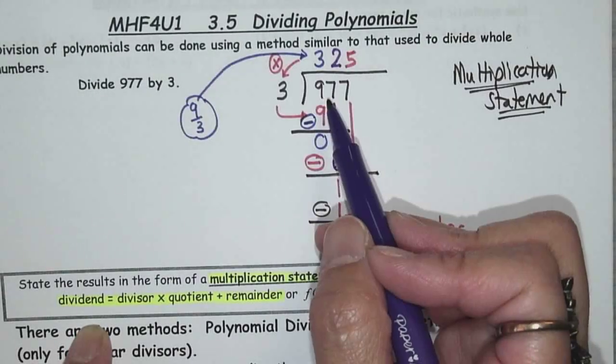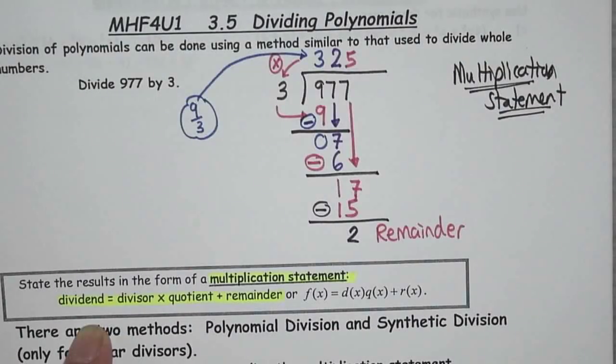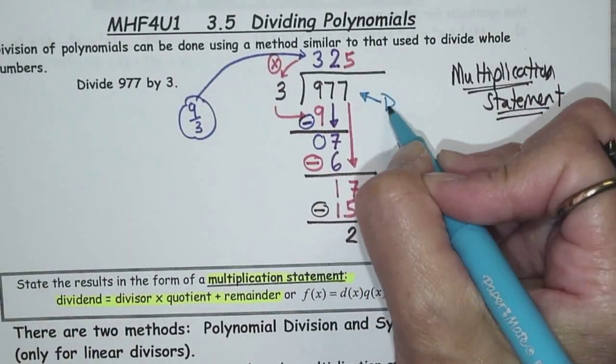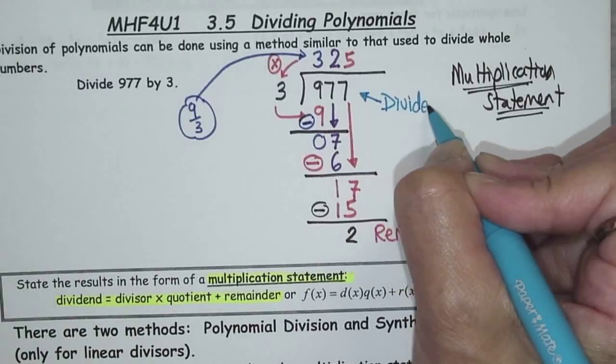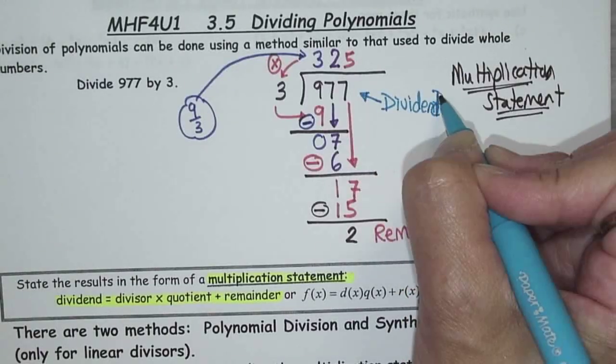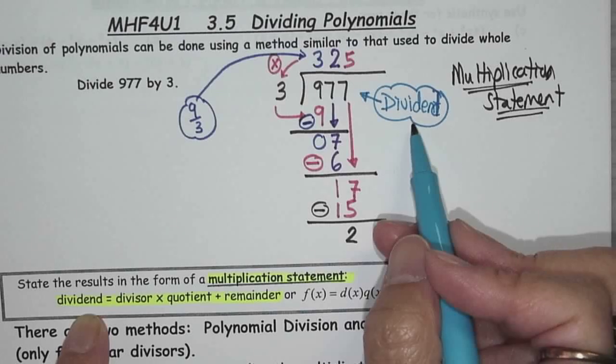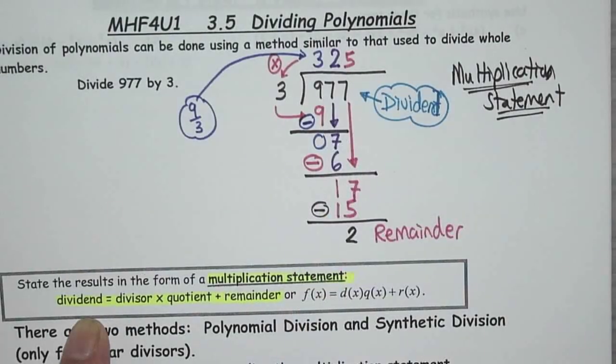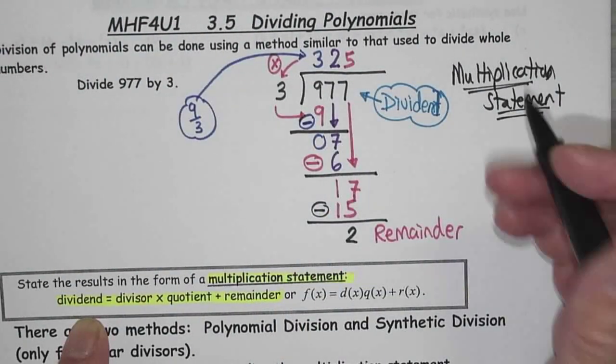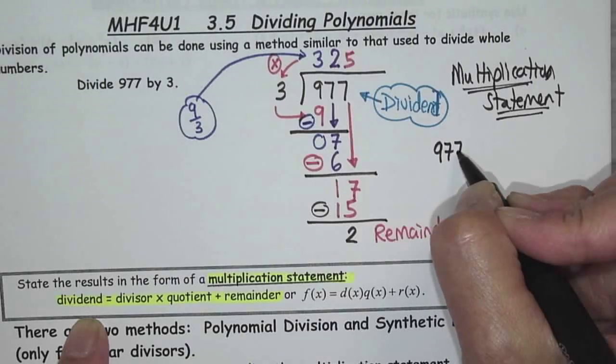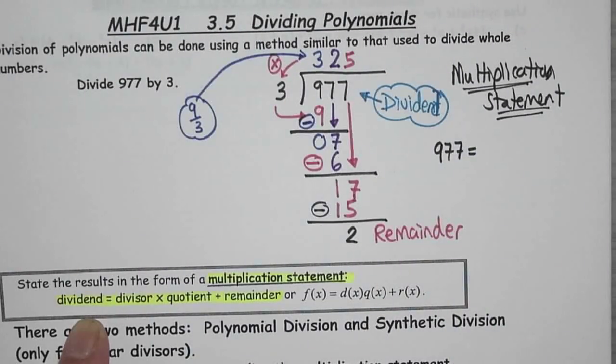That's the 977. So this, I'm going to use blue here. That is the dividend. So I'm going to go 977 equals, okay, that's my dividend.